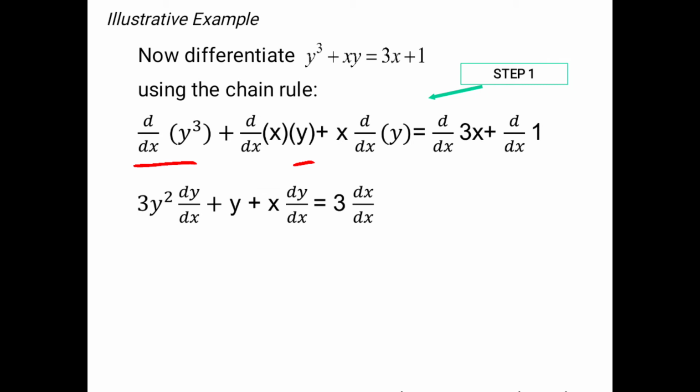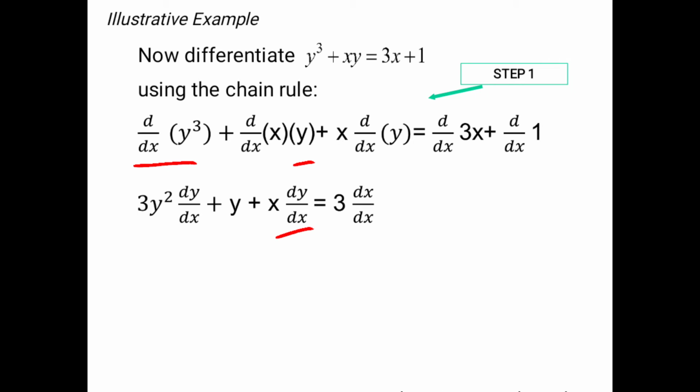As you can see, when we are getting the derivatives in terms of x, when it is the same variable, we are not putting dx over dx, because we already get the derivative. But of course, when we are getting the derivative of a different variable like y in terms of x, we put dy over dx to indicate that we differentiate y.